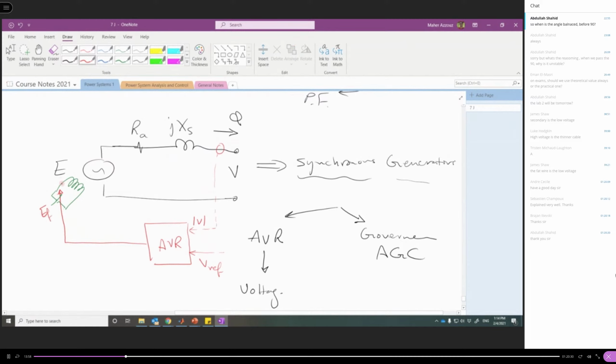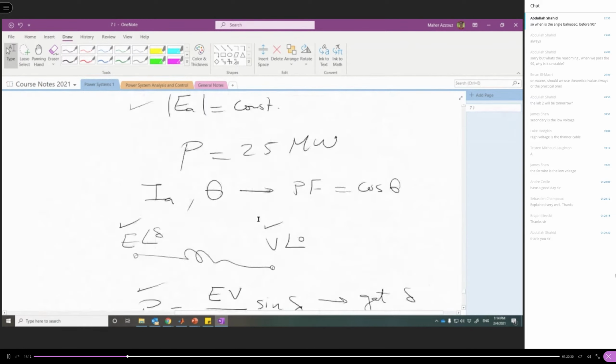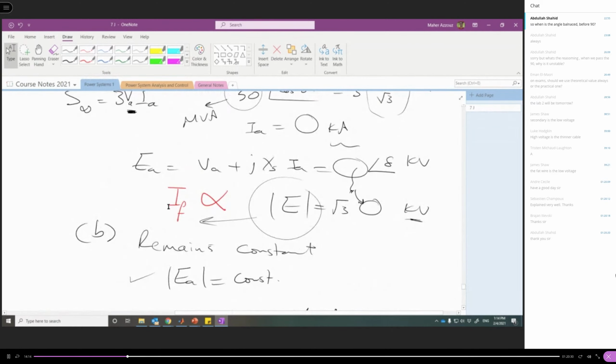This is the field voltage, and it generates a field current I_F, or the excitation current I_F. So the excitation current or the rotor current is the current that generates the excitation voltage here. So the excitation voltage is proportional to the field current, the DC field current.